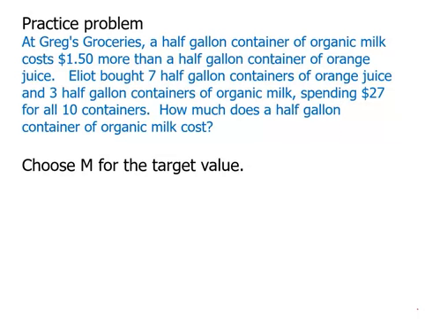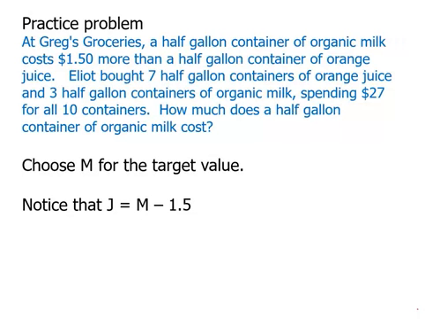Now notice that the other variable, the price of juice, well, juice is $1.50 less than milk. Milk is more, so juice is less. So J equals M minus 1.5.